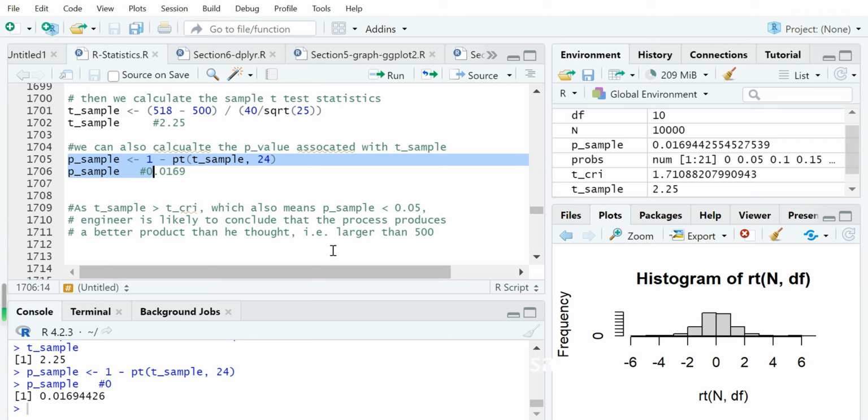This means we conclude the sample does not come from this population, because we get a very large t-statistic and a very small p-value, a very unlikely event that has now occurred. So it is unlikely that this random sample comes from this population under the H0 hypothesis, right?